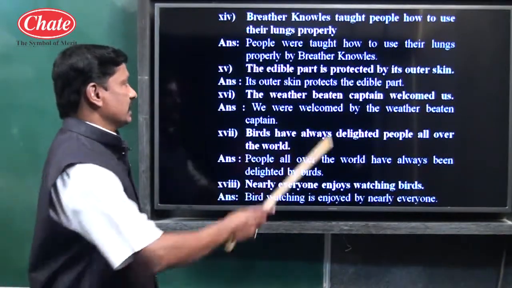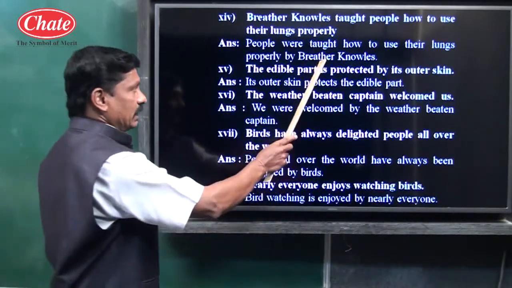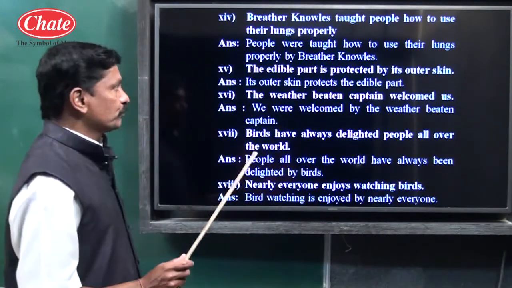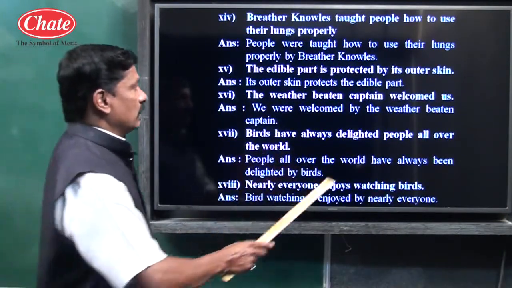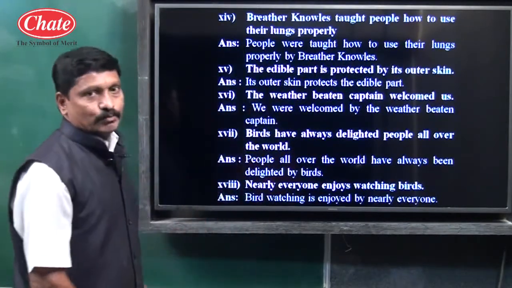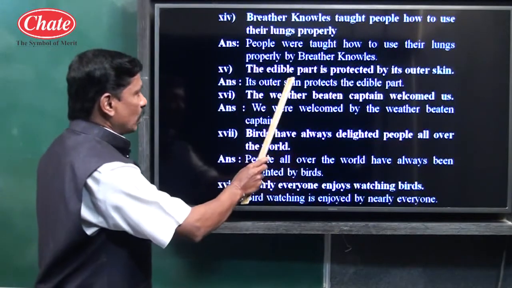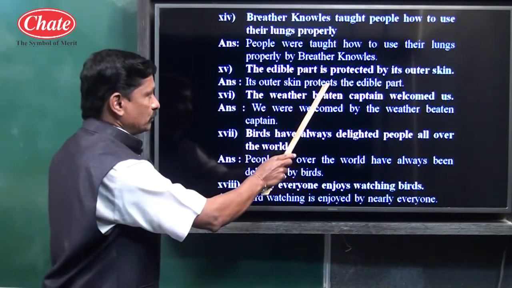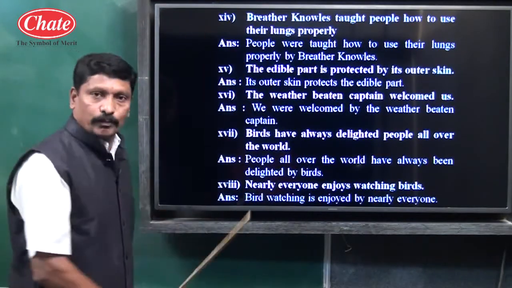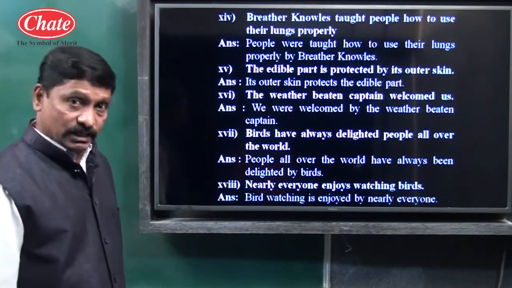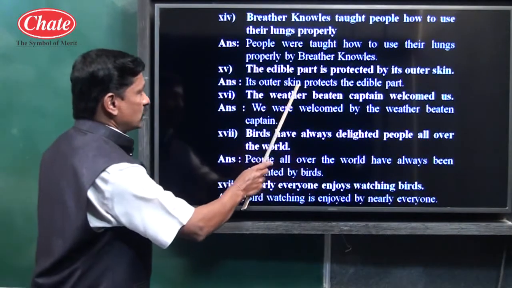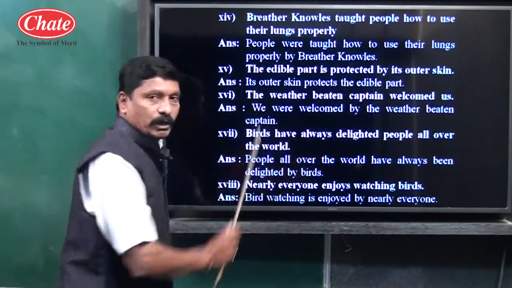So given sentence is in passive voice, and is plus V3 means simple present tense passive voice. By its outer skin. Here its outer skin becomes a subject. So children, its outer skin protects the edible part. So this given sentence, example number 15, is in passive voice and its conversion is in active voice. Its outer skin protects the edible part.